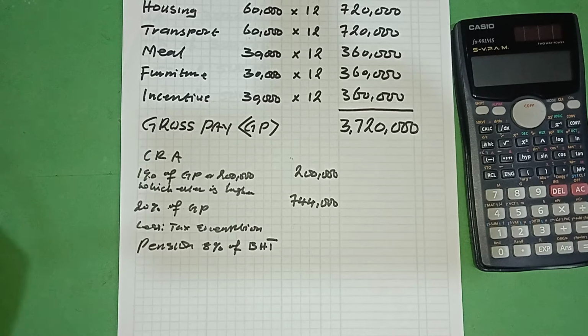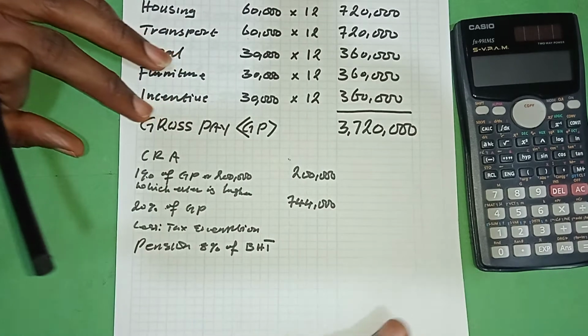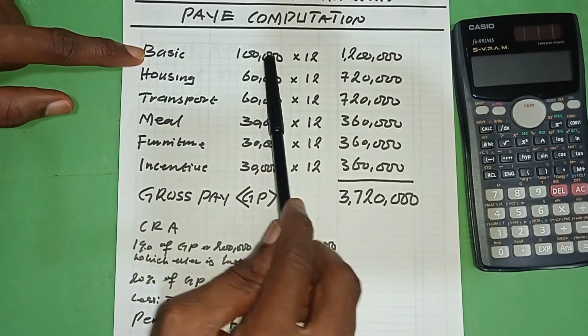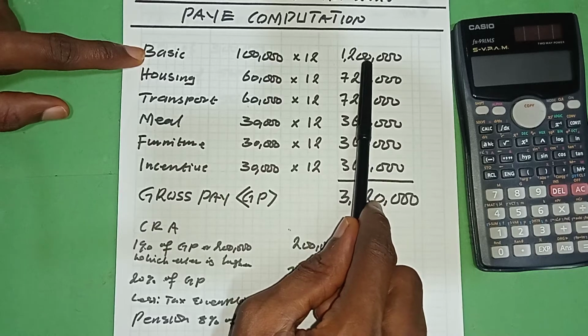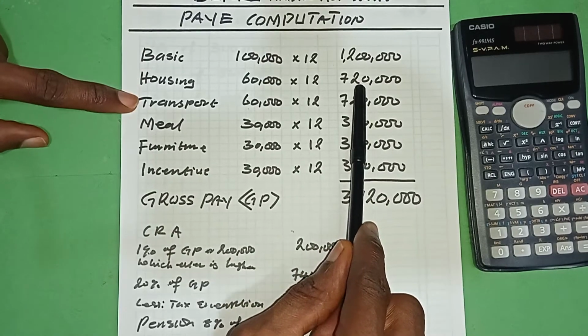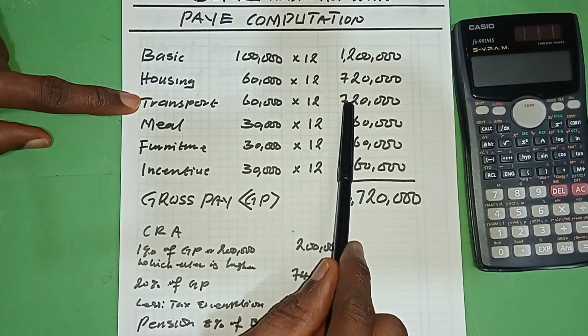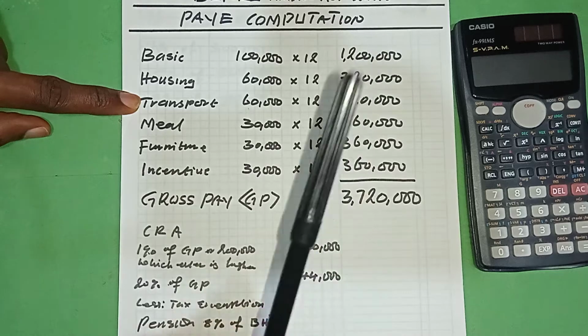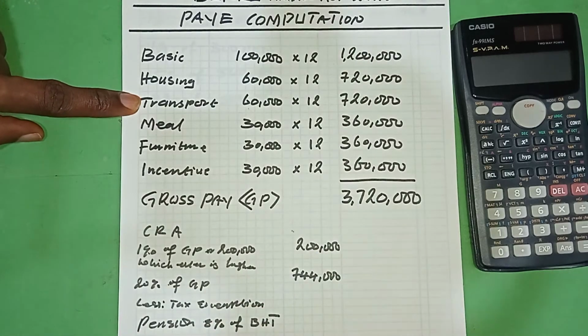Now, our pension will be this: basic 1.2 million, housing 720 and transport 720. When you add them up, use your calculator and add them up.